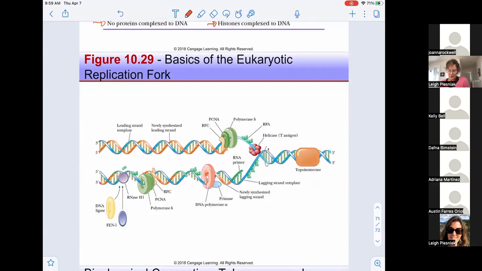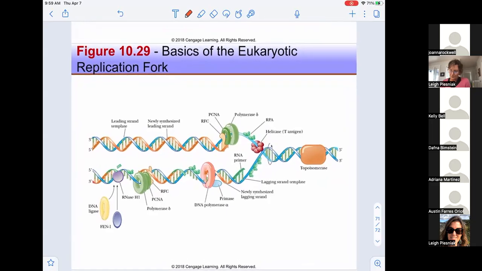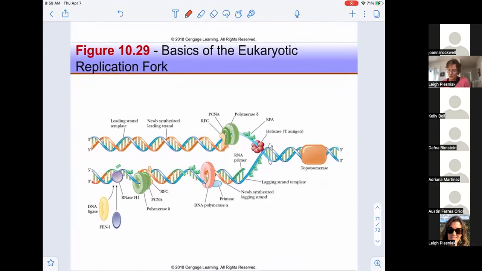So, the eukaryotic replication fork. And they're showing topoisomerase to relieve the positive supercoiling upstream of the replication fork. Helicases, which are again responsible for strand separation.